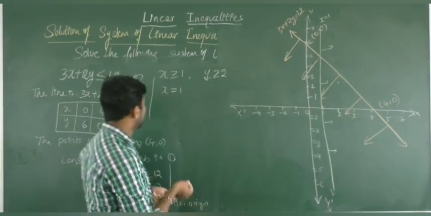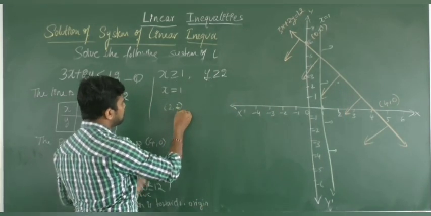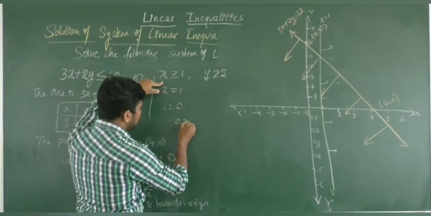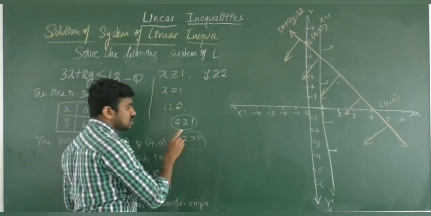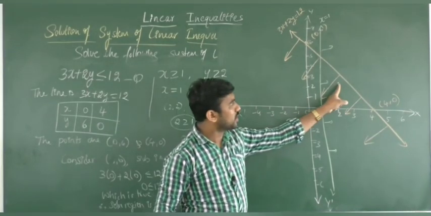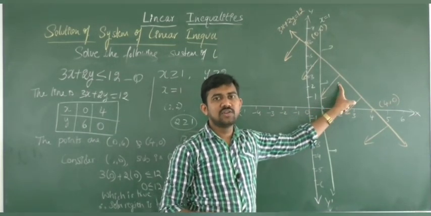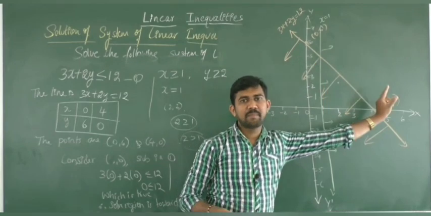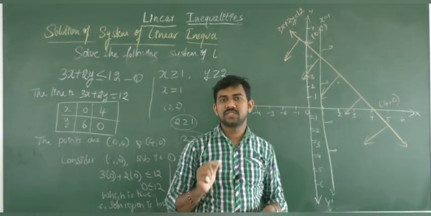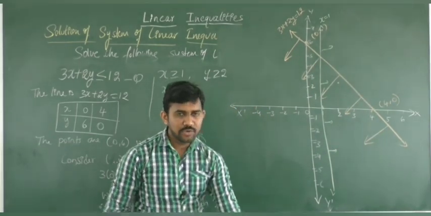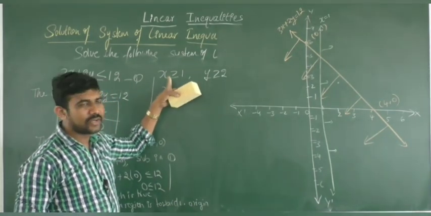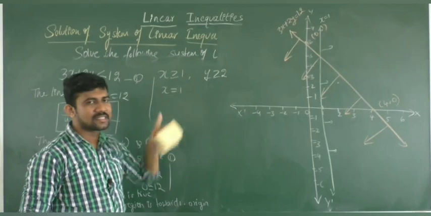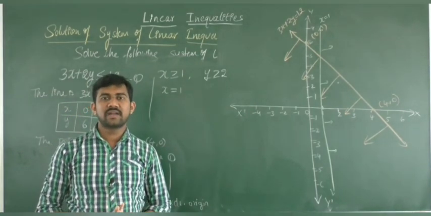Substitute the value: x is 2, greater than or equal to 1, so clearly 2 is greater than 1, which is true. So (2, 2) lies in the solution region, in the right half plane, so the right half plane is the solution region. No need to check by considering the point. Directly you can say when you have x greater than c, the right side is the solution region.